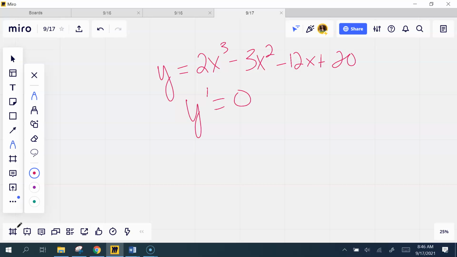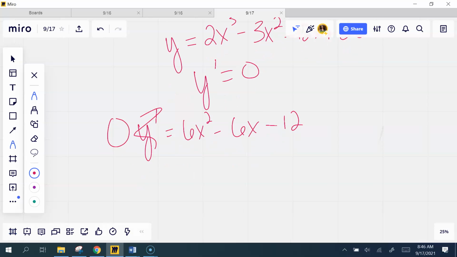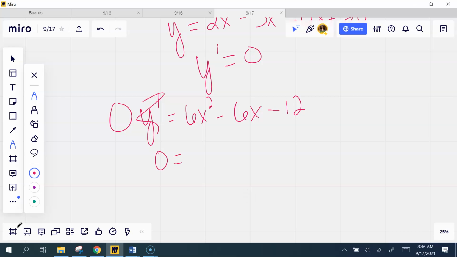You want me to do it real quick? All right, so tell me the derivative. Yes, thank you. If I make this equal to 0 and I solve it, I can divide everybody by 6. This one was way easier.